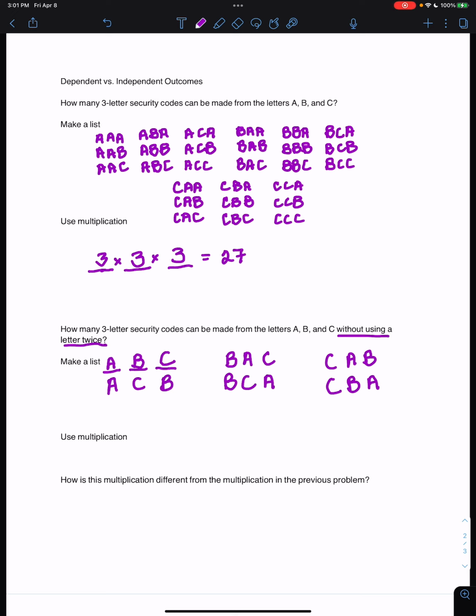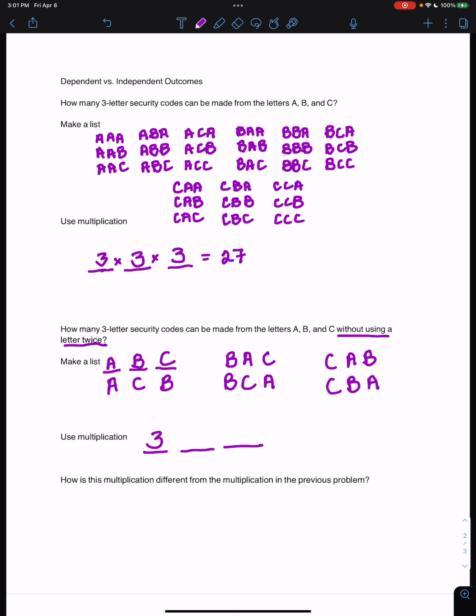Now, how does this look for our multiplication? Let's think about this. So again, we're choosing a three-letter code. For our first letter, we could choose A, B, or C. So we have 3 choices. For our second letter, depending on if we chose A, B, or C, we could choose 2 of the other. We've eliminated 1 letter.